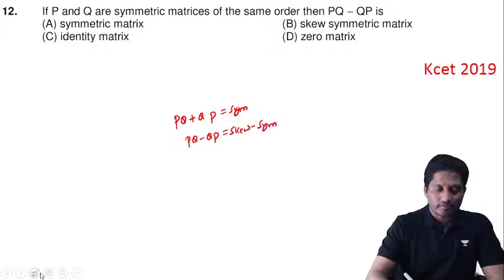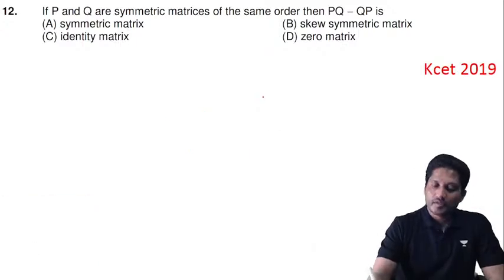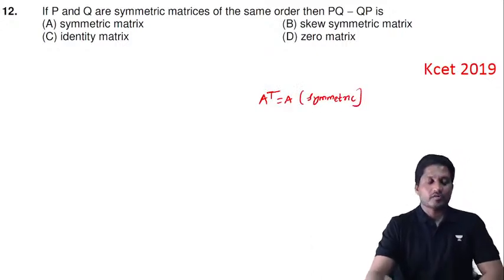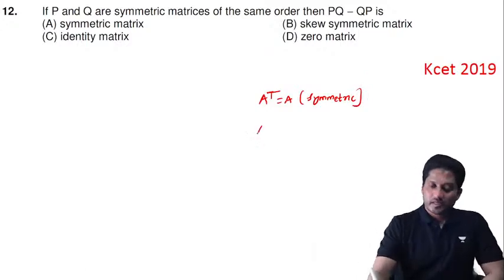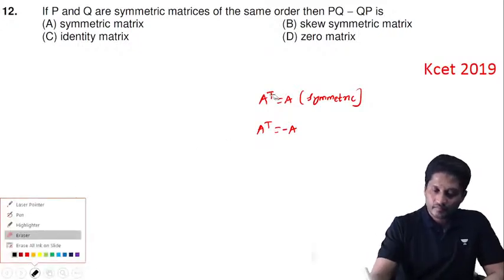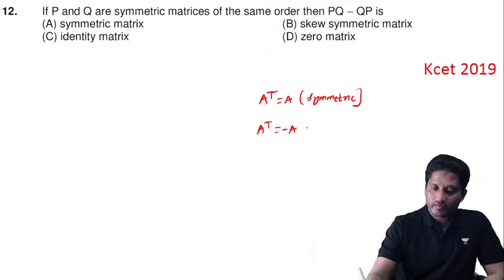Right, now if you want to prove it, no problem. A matrix which is equal to its own transpose is called symmetric. A matrix which is equal to negative of its own transpose is called skew symmetric.